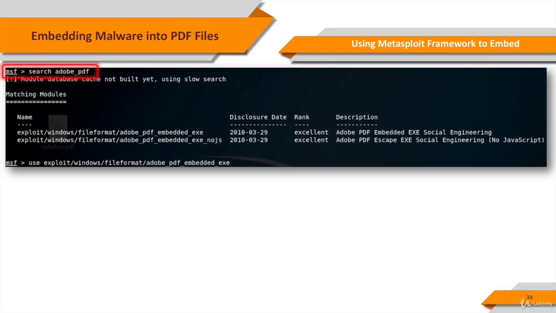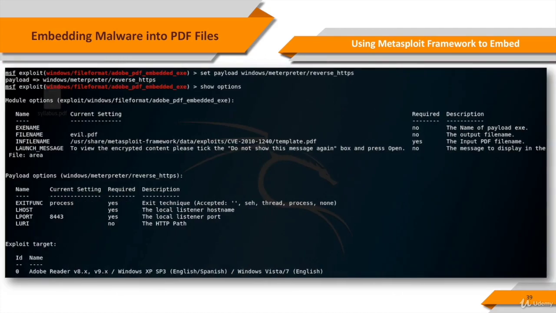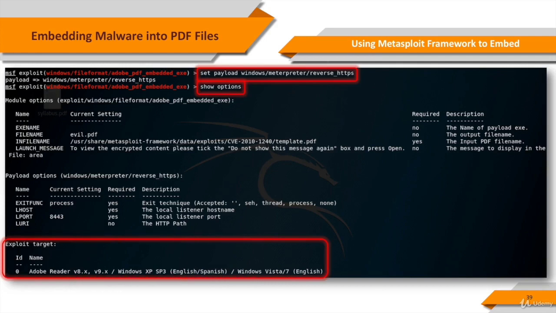And thankfully, the ranks of the exploits are excellent, which means they will work very well and stably in ideal circumstances. Of course, you need an appropriate payload for the exploit. When you look at the options of the exploit using the show options command, you see that the target of the exploit is Adobe Reader versions 8 or 9, running on Windows XP, Vista, or 7.